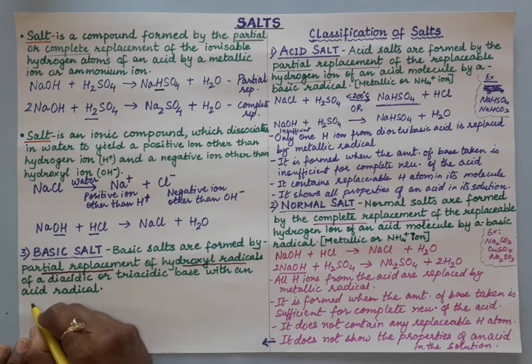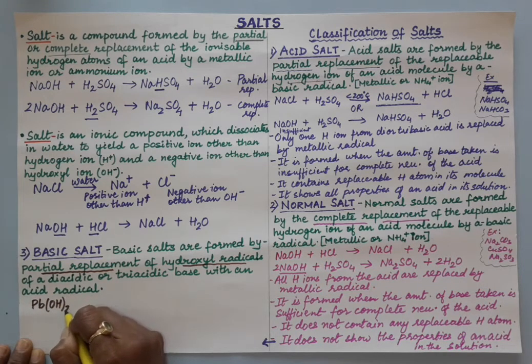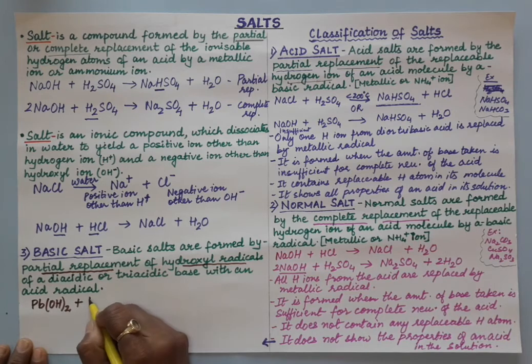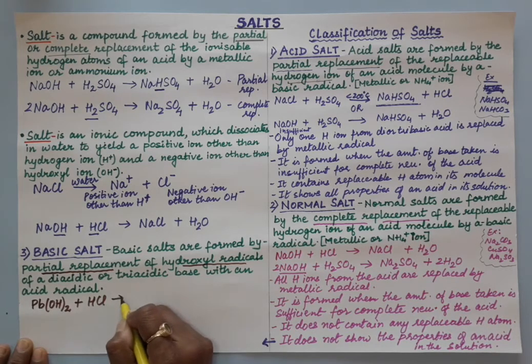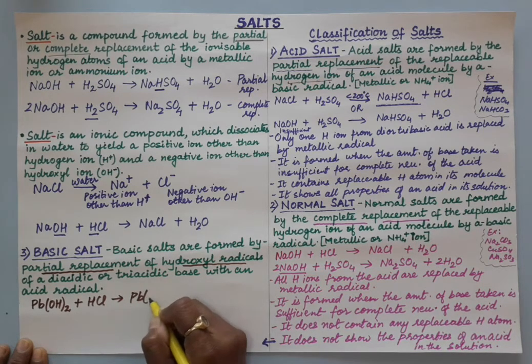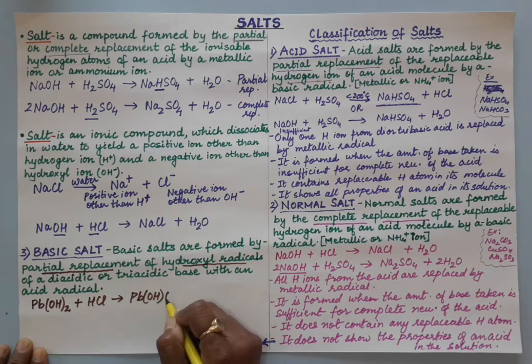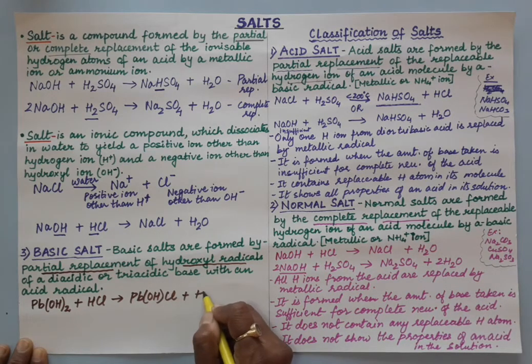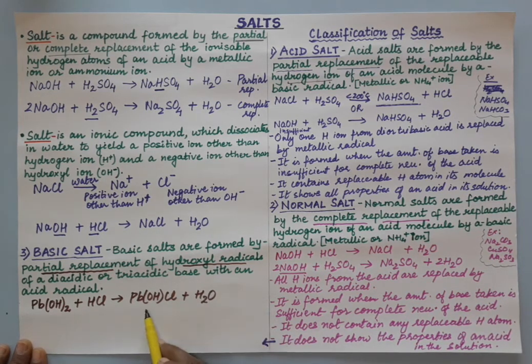Let us take the example in the form of reaction when a diacidic base reacts with HCl. Complete neutralization is not taking place, one OH remains in the salt, and it is known as basic salt.